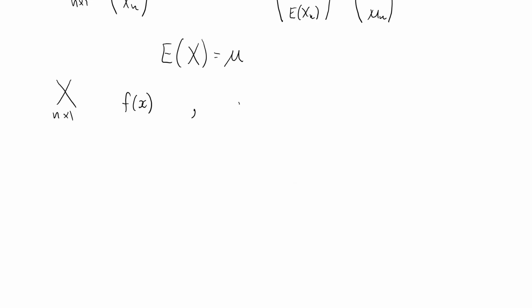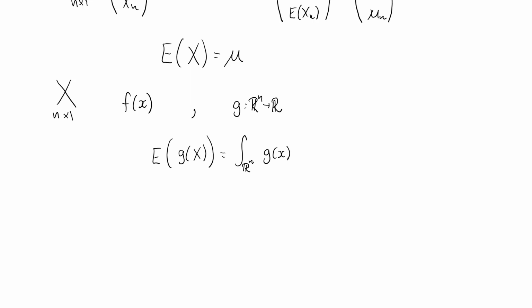If I then have a function g from Rn to R, such that g of x is a random variable, then the expected value of this random variable, g of x, can be calculated as the integral over all of Rn, all possible values for all of the variables, of g of x.